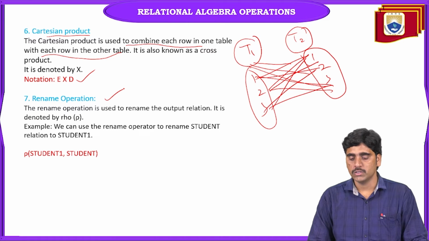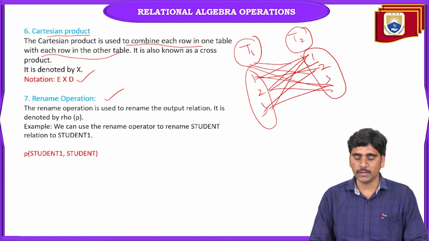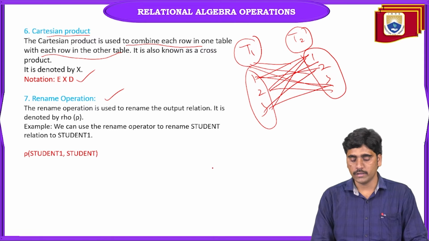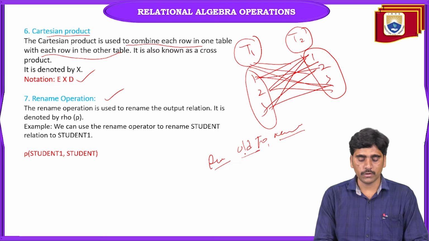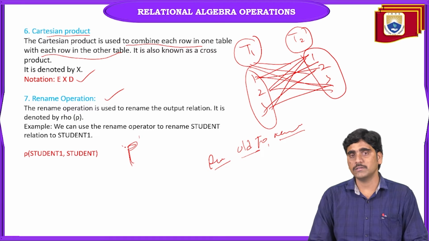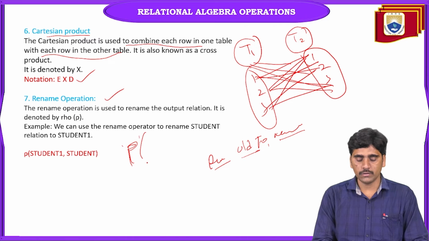And the next one, rename operation. Generally, if you are performing a rename operation, we can write rename old table name to new table name. But from the relational algebra point of view, you can use the symbol rho to rename. Here you mention the old table name, Student, and the new table name, Student1.